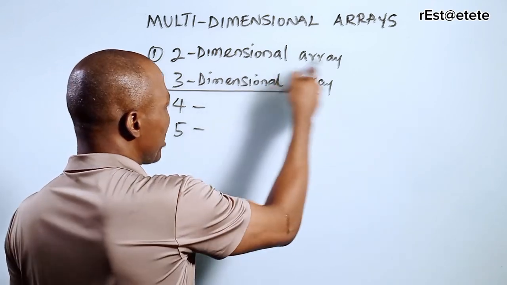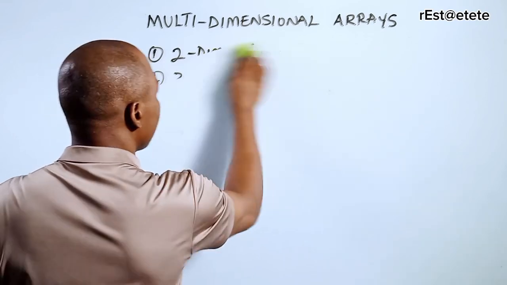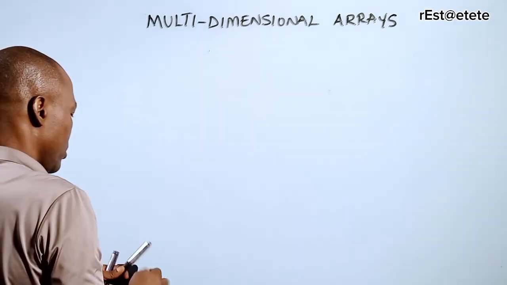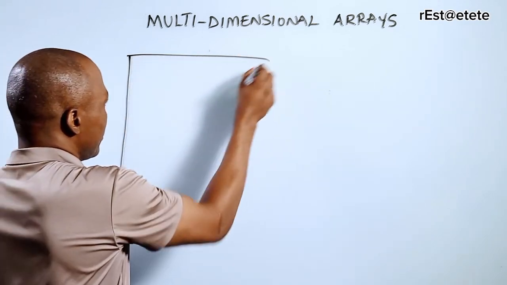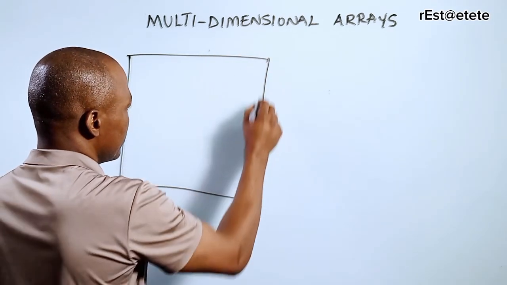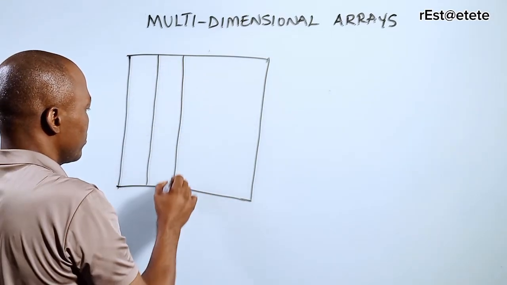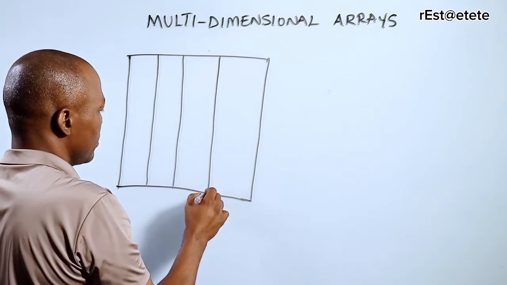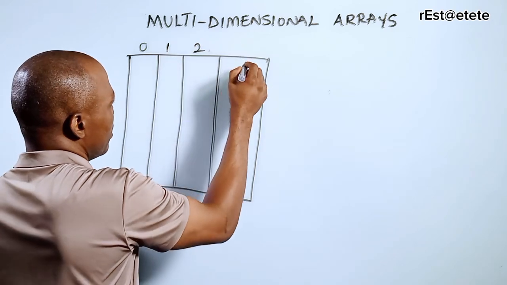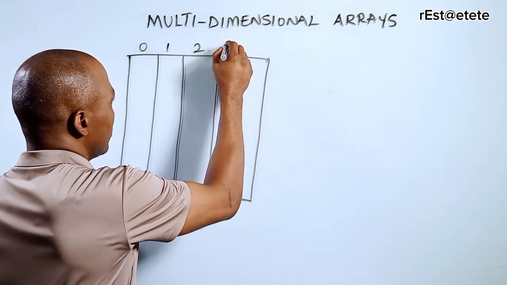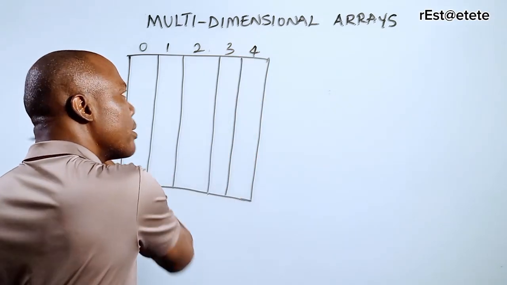Now, a two-dimensional array is like this, right? So we have 1, 2, 3. The index 0, 1, 2, let's add 1, 3, 4, right?